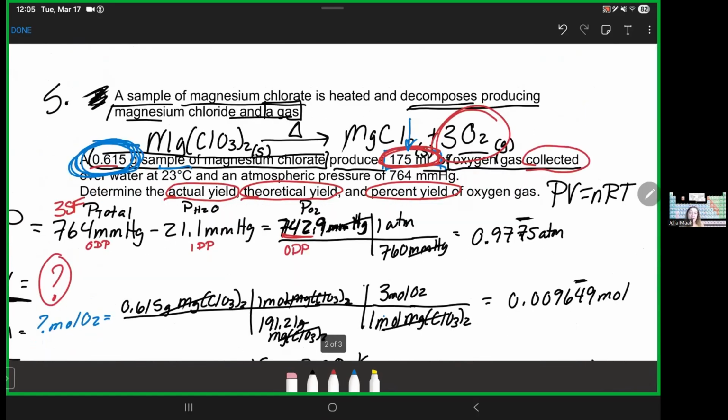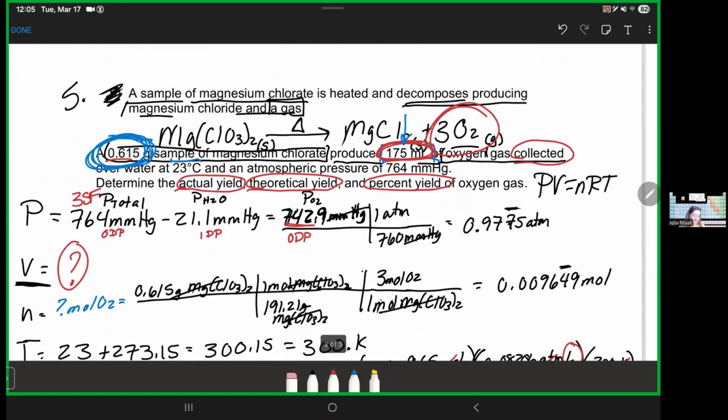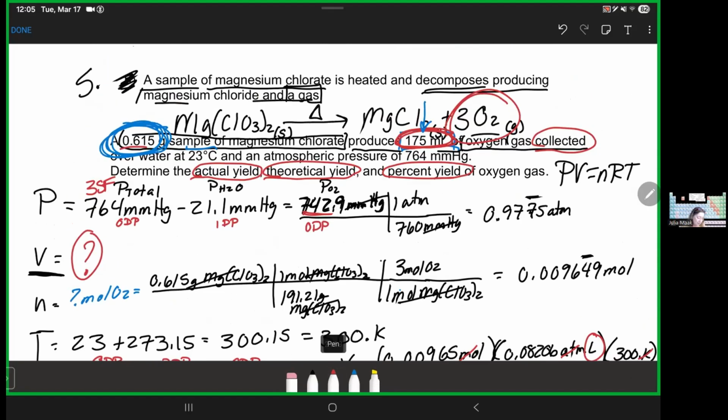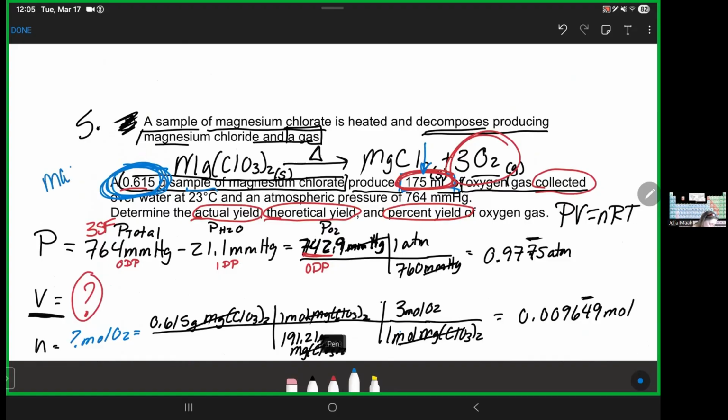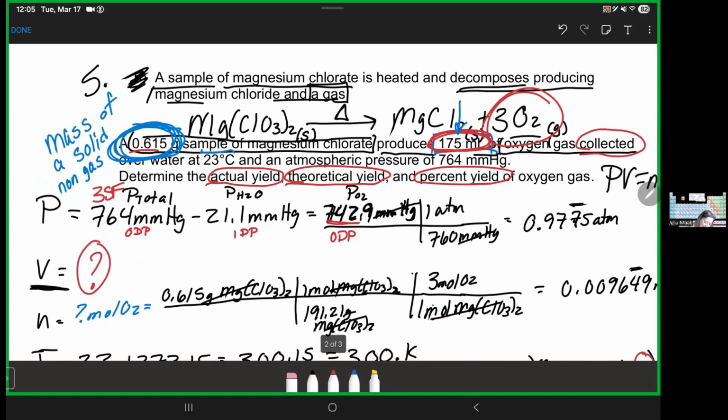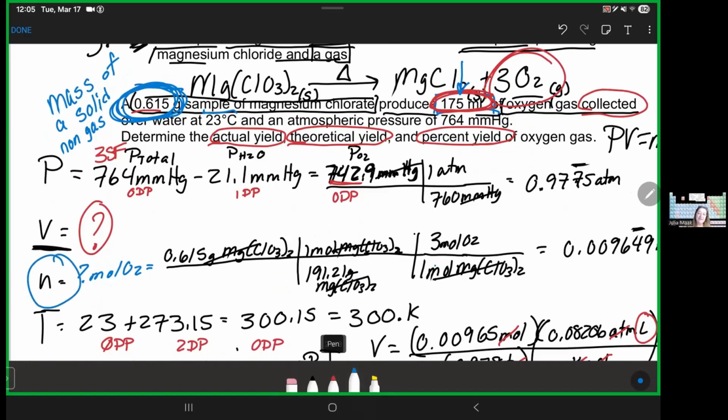There's a lot going on there, but we just parse it out. Every single time you are given the mass of a solid, or basically a non-gas, in a gas law problem, that is typically how you are going to get moles to then solve your gas law problem.